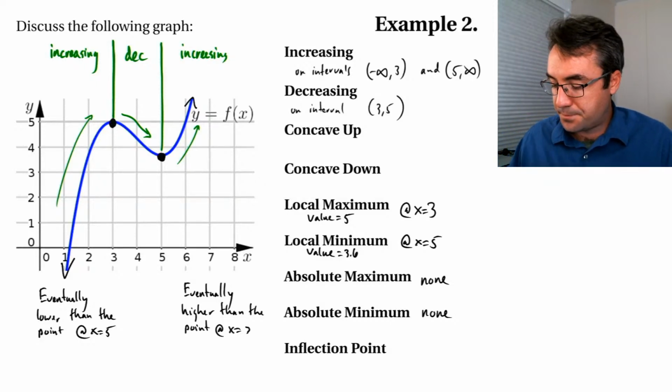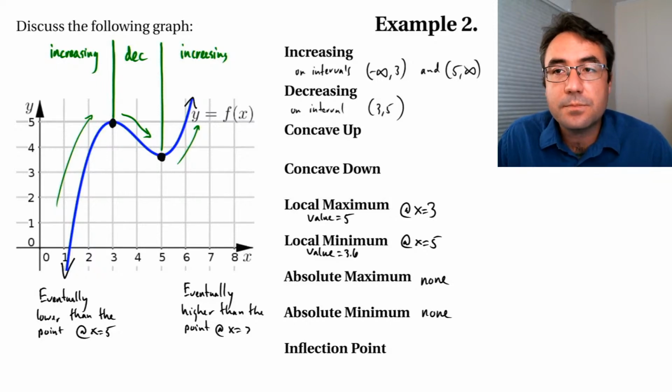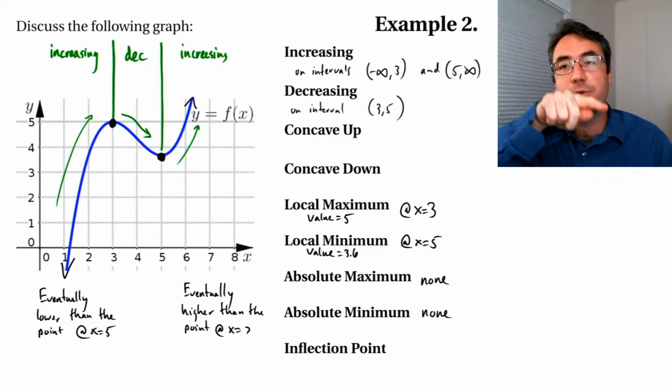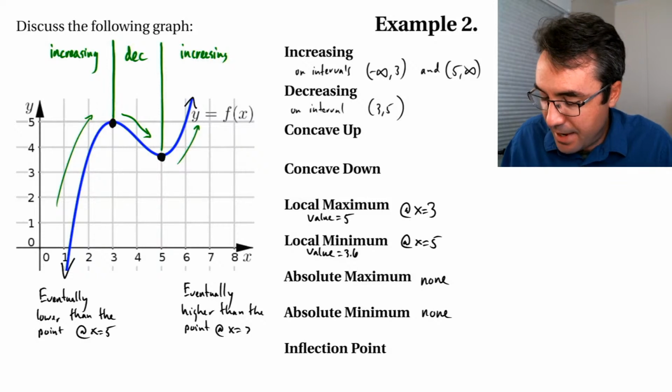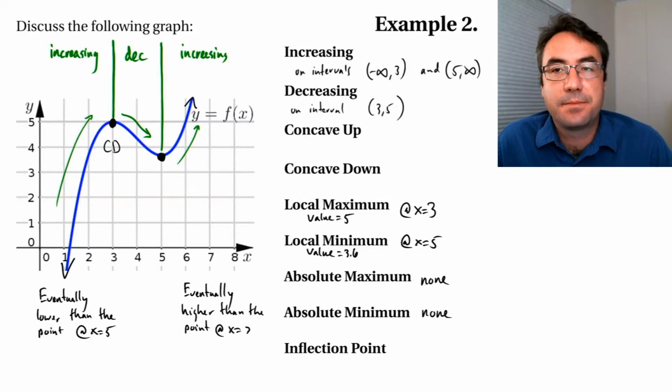Now, concave up and concave down, we're just looking at the shape of our graph. For concave down, we're looking for an upside down U shape, and we see that right around this peak here.